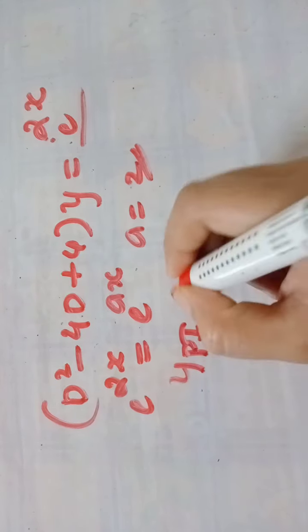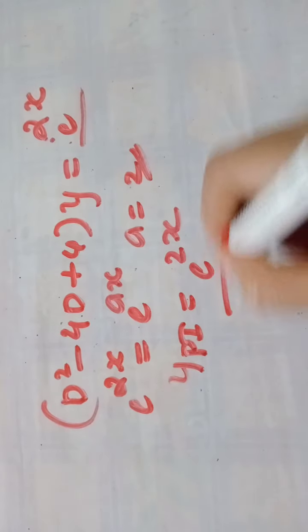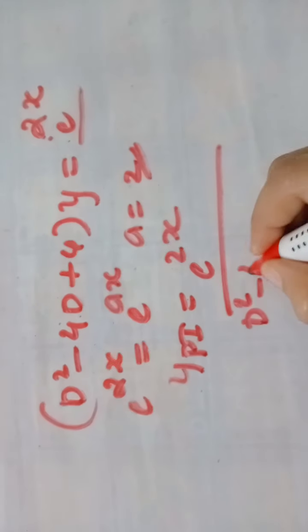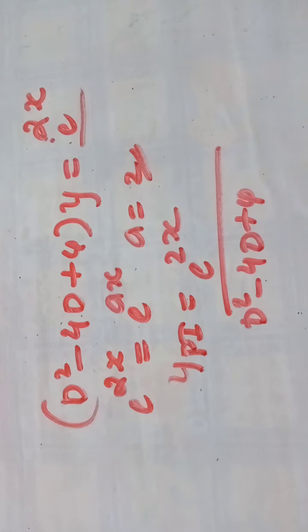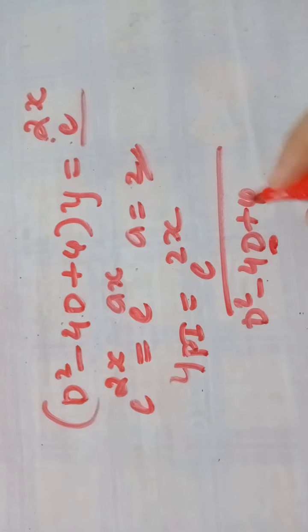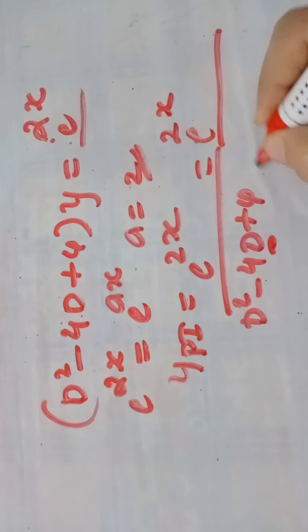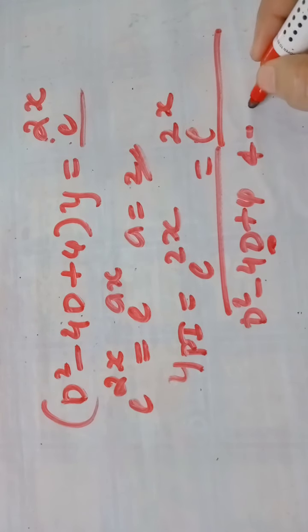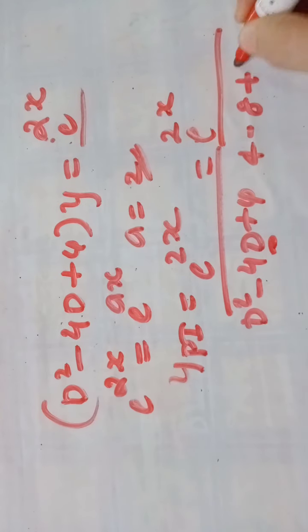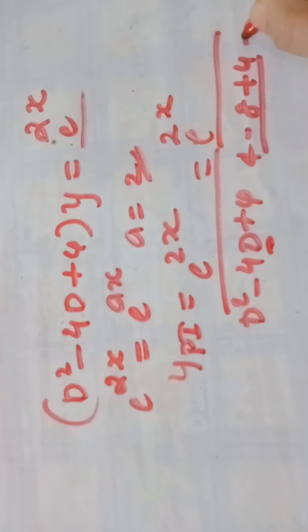The y particular integral is e raised to 2x divided by D square minus 4D plus 4. For that we put D is equal to a, and here a is equal to 2. Substituting, we get 4 minus 4 into 2, that is 8, plus 4, which is 0.